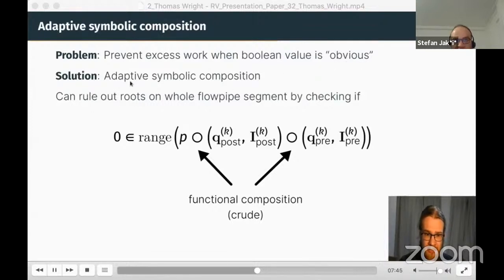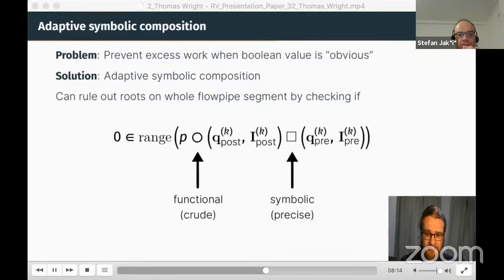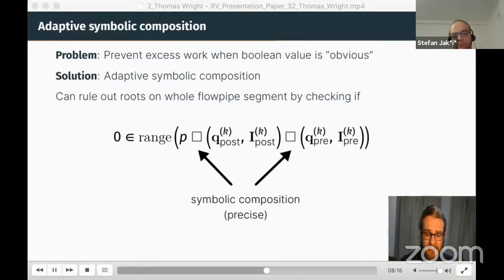Our solution to this is adaptive symbolic composition, which relies on the observation that for a cruder over approximation of the value of p, we can replace these symbolic operations with ordinary interval function composition, which gives a cruder over approximation of the function value, which is much cheaper. We can then progressively reintroduce symbolic operations as needed to determine the signal result, which already gives a big saving to the cost of monitoring.